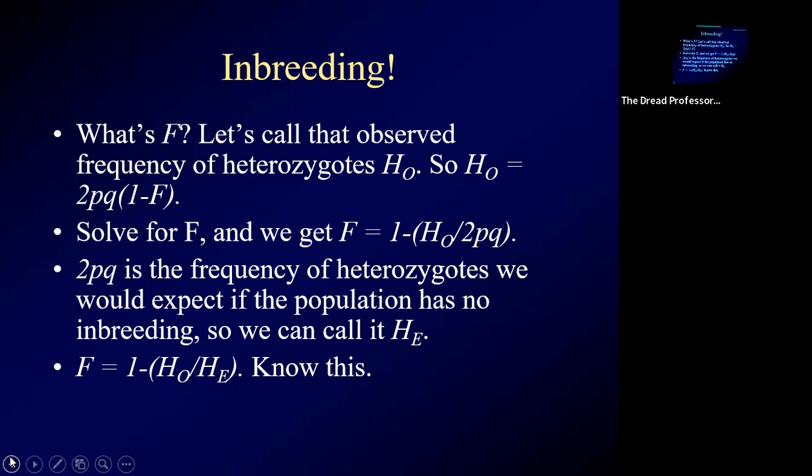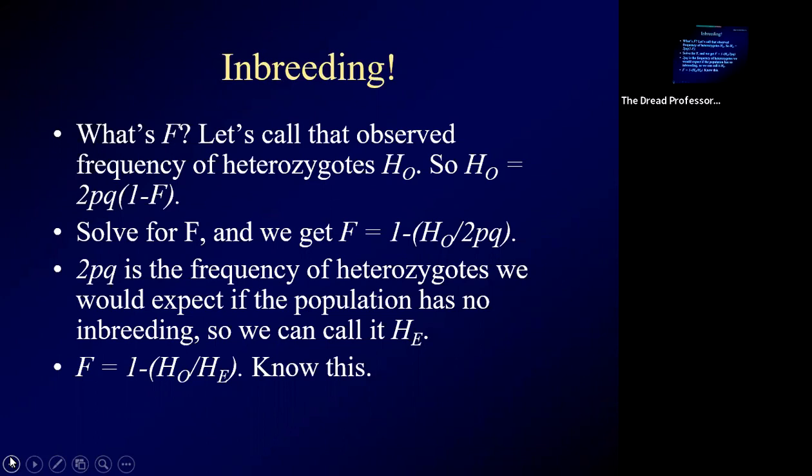If there isn't any inbreeding going on and we are in Hardy-Weinberg land, then the observed frequency of heterozygotes should be the same as the expected frequency of the heterozygotes, right? Yes, you with me there? If there's no inbreeding and we're meeting all of the Hardy-Weinberg conditions, then observed heterozygotes should equal expected heterozygotes.